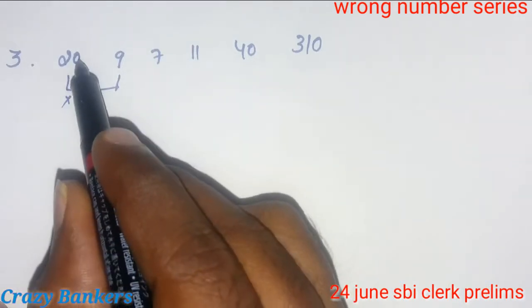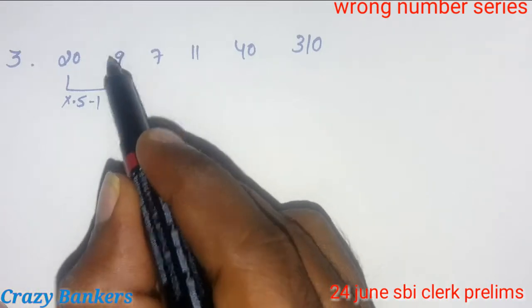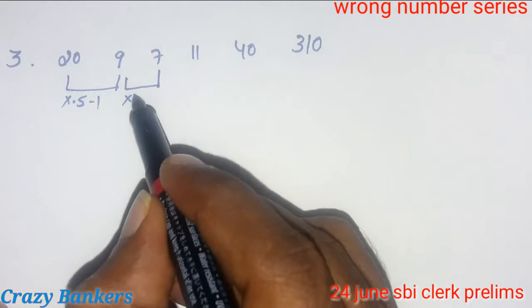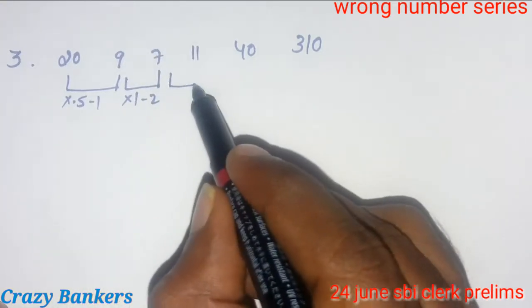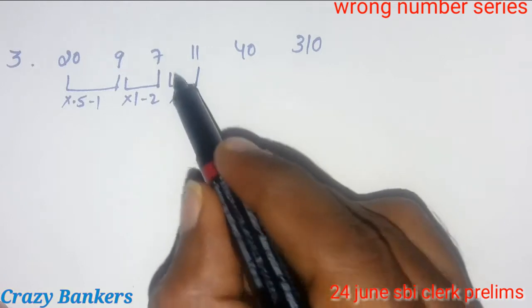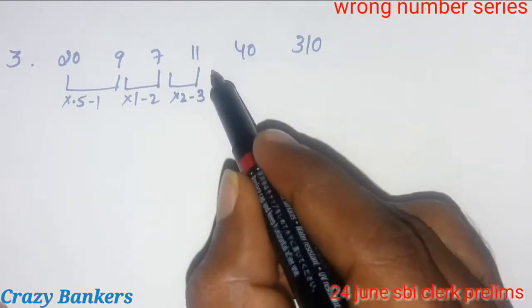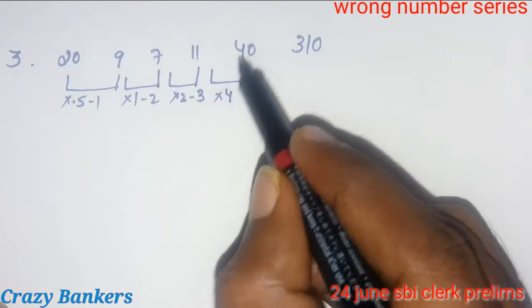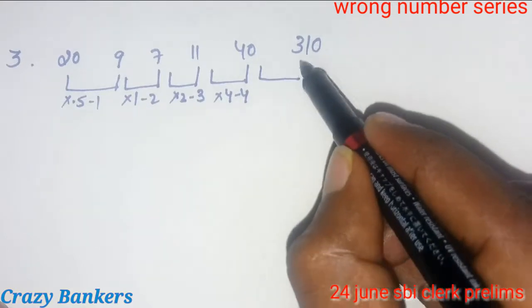Here multiplying by 0.5, that is 10, minus 1, 9. 9 into 1, 9, minus 2, that is 7. 7 into 2, 14, minus 3, that is 11. 11 into 4, that is 44, minus 4, 40.